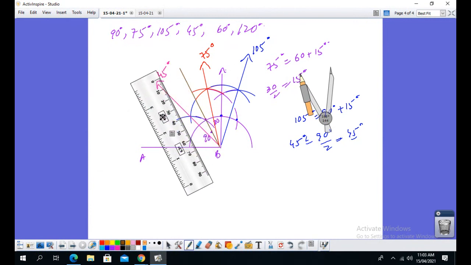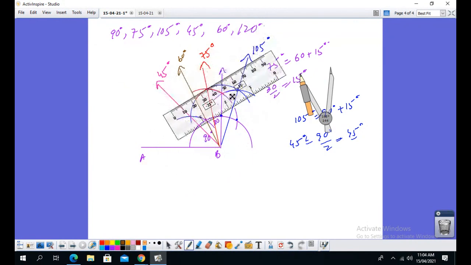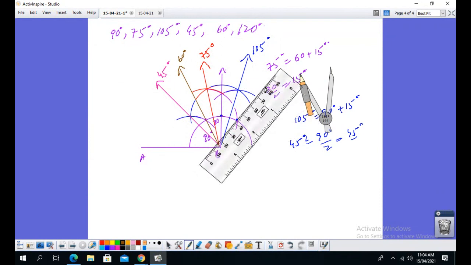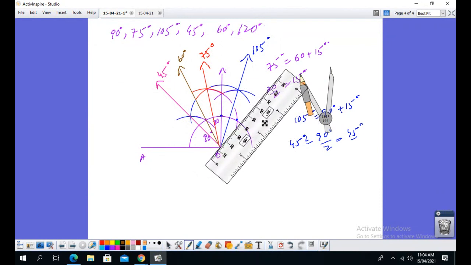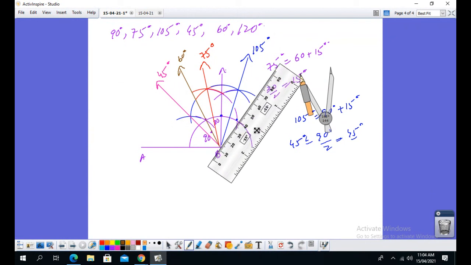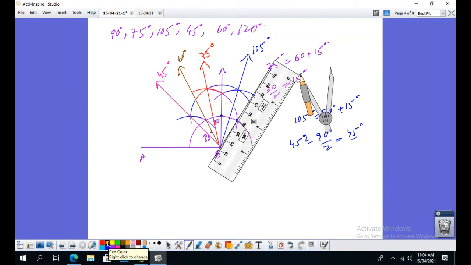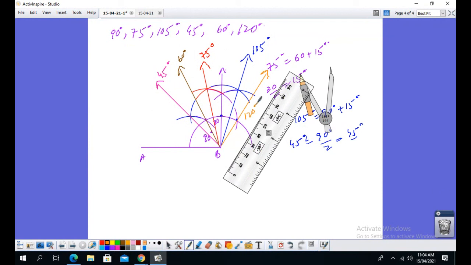This is of 60 degree and for 120 angle, okay, for this we have this color, this is of 120 degree, this is of 90 degree, this is of 120 degree.